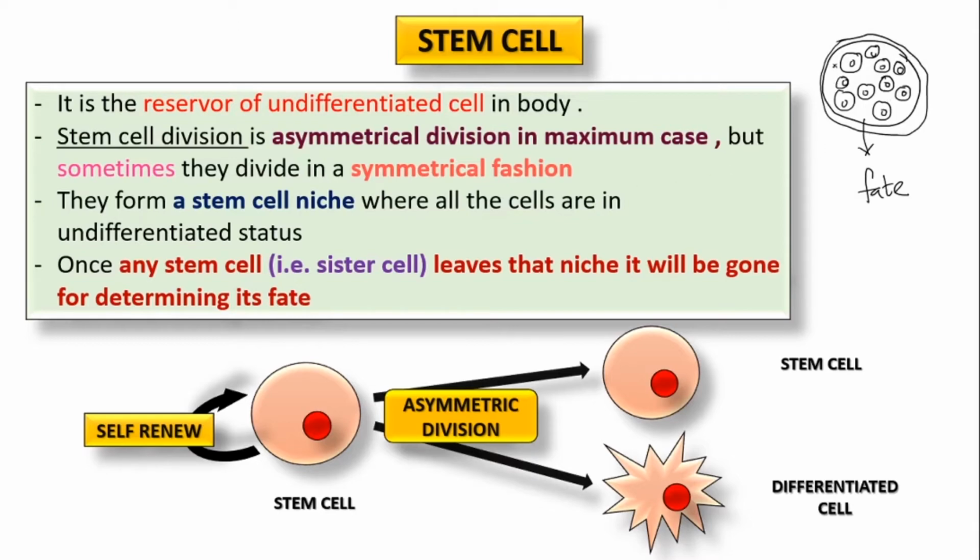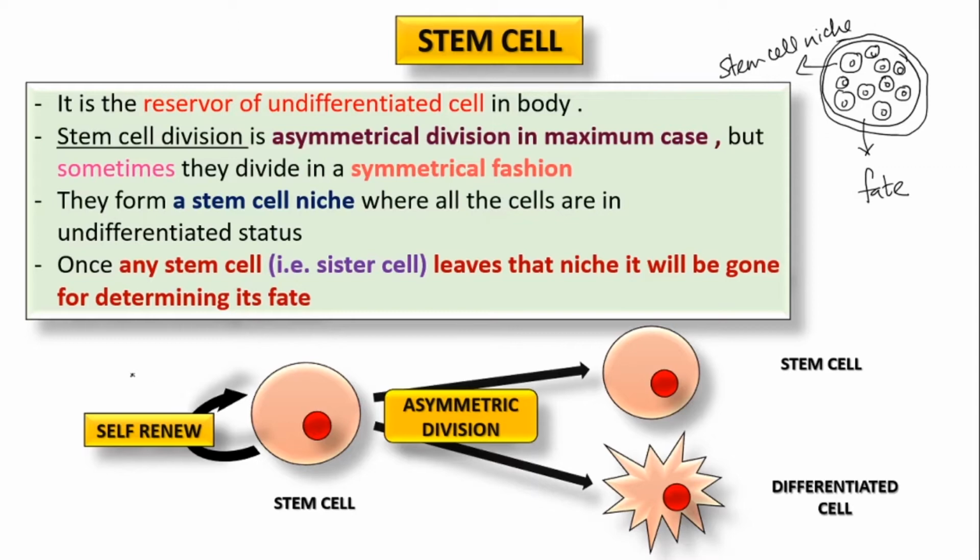That means this portion is known as the stem cell niche, and here the stem cells can be in undifferentiated status, and a stem cell can divide either in an asymmetric way or in a symmetrical way. As I have discussed earlier, what is asymmetric division and what is symmetric division.